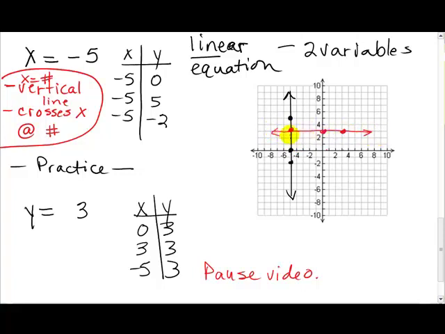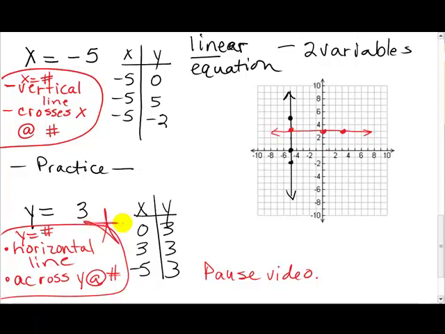It goes across the y, and it is a horizontal line. So when it says y equals a number, it's going to be a horizontal line that goes across y at the number. This is important. If you'll write this down on a 3x5 card and keep it in front of you when you're doing your homework and your test, this will help you quite a bit.